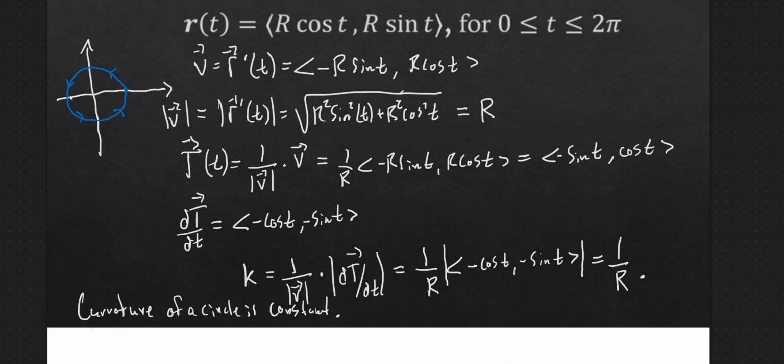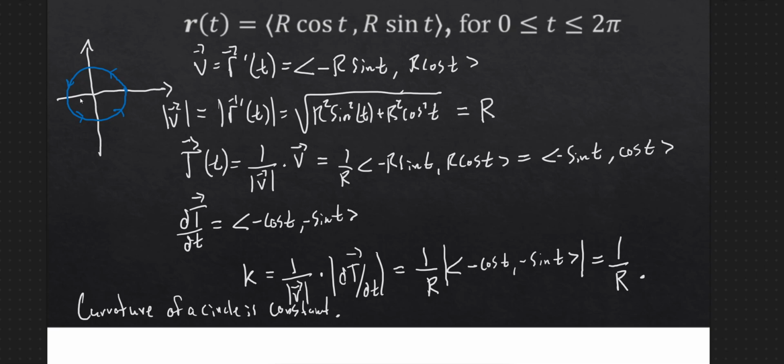So if my circle has a huge radius, if it's a giant circle, I'm not going to be turning as much. My curvature should be smaller. And that corresponds to this. This is telling us exactly how those relate. As r goes to infinity, curvature goes to 0, and we approach a straight line, the curvature of a straight line.